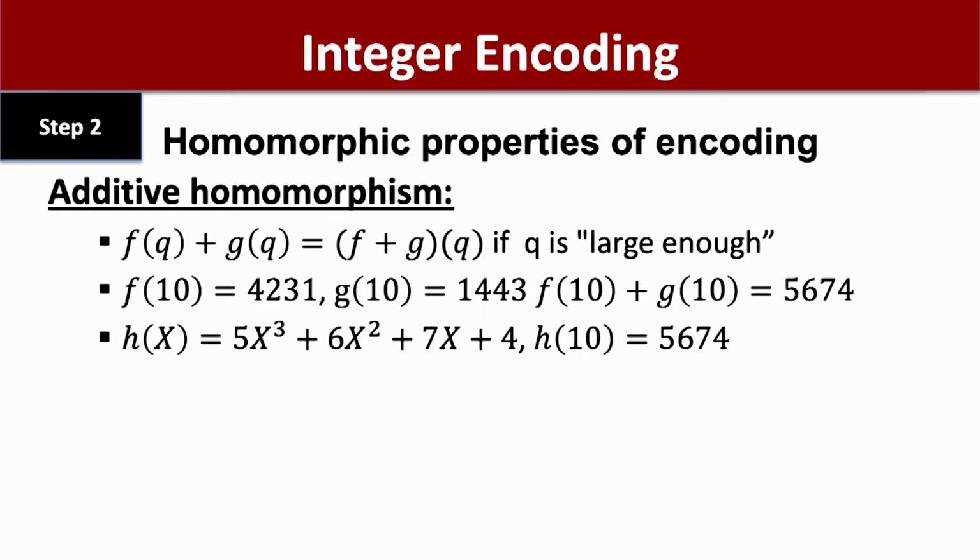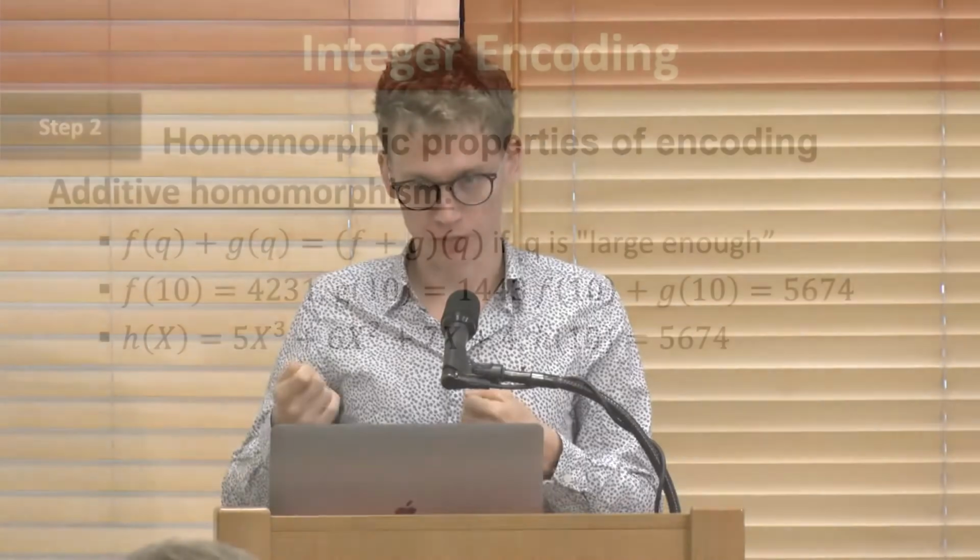If you add them, you get 5656, and decoding in your head you get 5x cubed plus 6x squared plus 7x plus 4. If you had first decoded the integers and then added the polynomials, you would have gotten the same result. This only works if q is large enough, if there's no overflow. So we have to pick a q that is large enough to support all of our homomorphic operations.